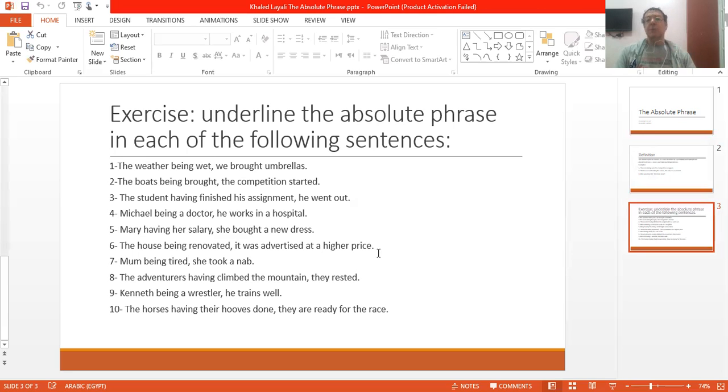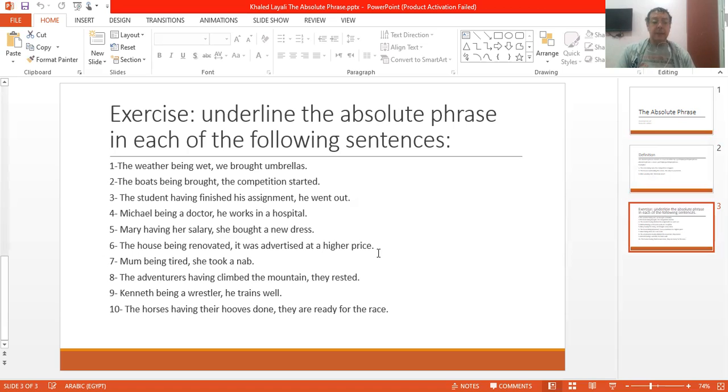Then in this case, we have an absolute phrase. It doesn't have to be a noun all the time. It could be a noun or a pronoun as well, followed by a participial. And so Michael is a proper name, just like a pronoun he.